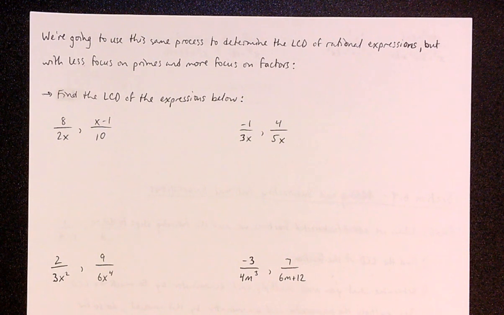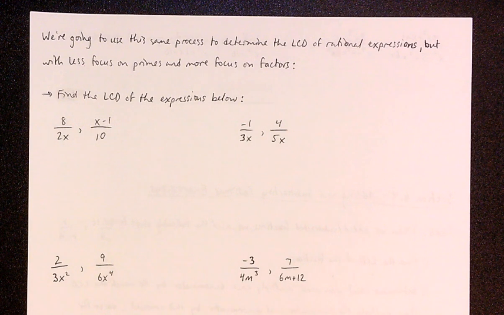We're going to be focusing on variables and factors, things containing x's, things that cannot be broken down any further. So here, let's do some practice with some of these problems. We're going to find the LCD of some of the expressions that are given to us below.